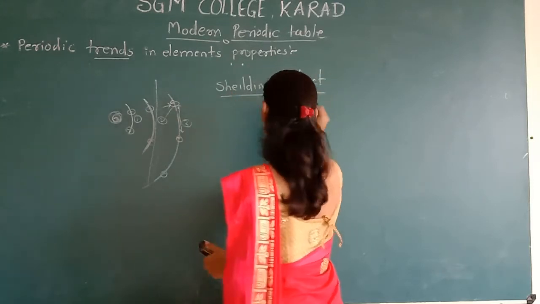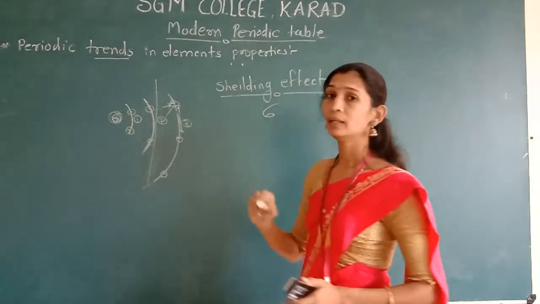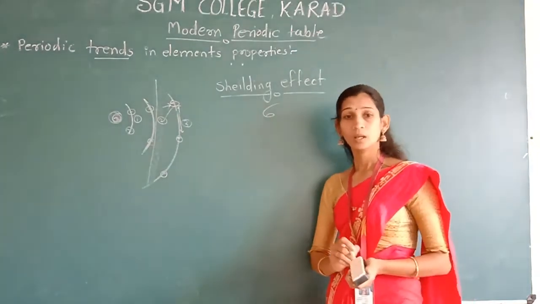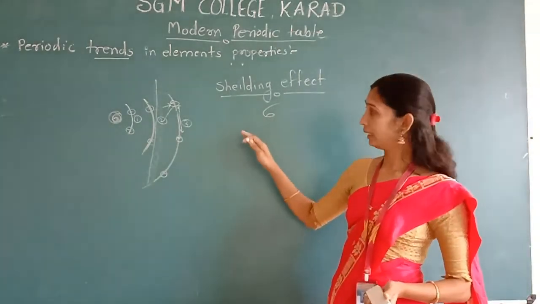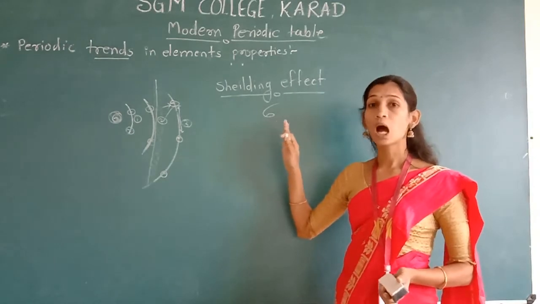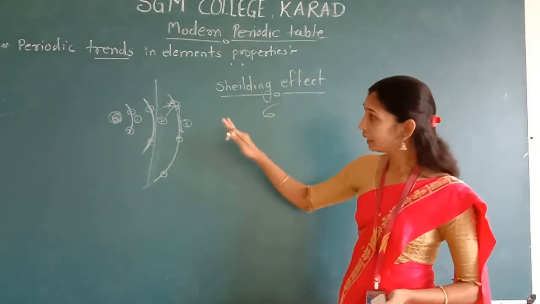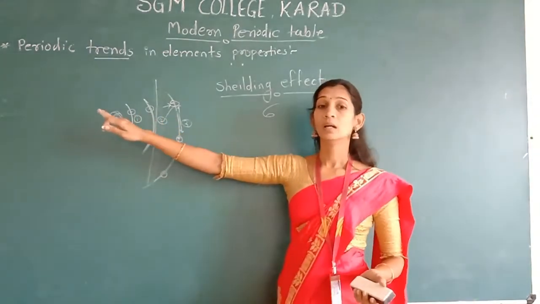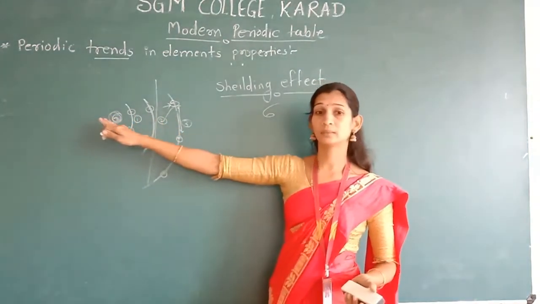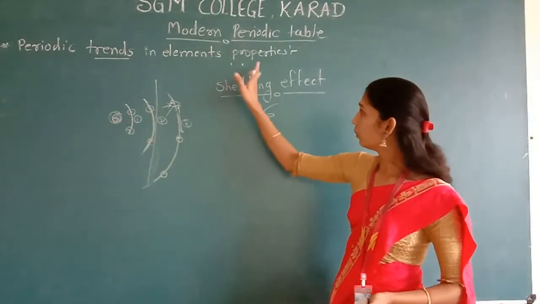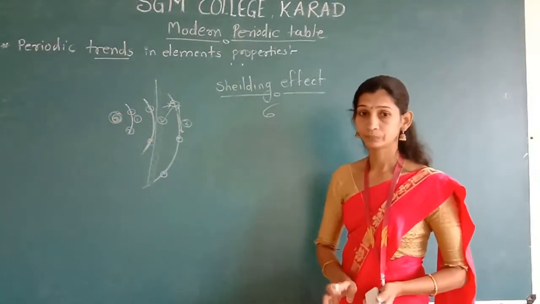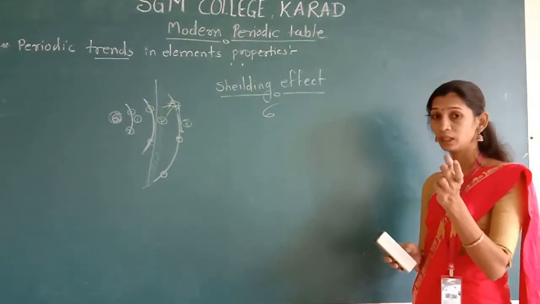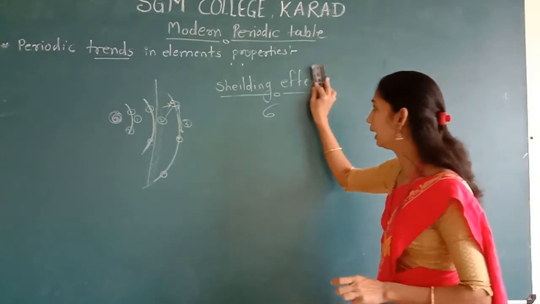That shielding effect is denoted by the letter sigma. The protection of the outer electron by the inner electrons against the nuclear charge or nuclear pull is our shielding effect. Now next we see the attraction between the nucleus and the electrons.